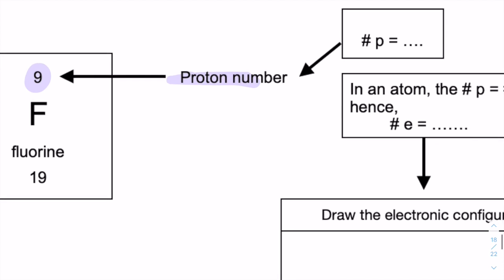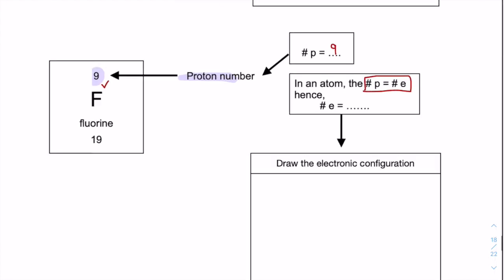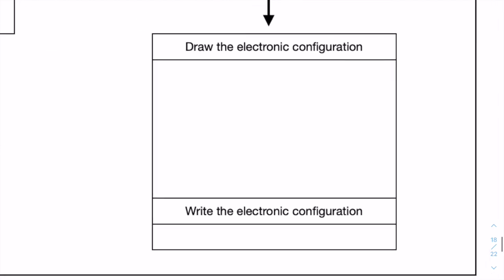So as indicated, there are 9 protons. In an atom, the number of protons equals the number of electrons. Hence, we know that fluorine also has 9 electrons. So now our question is, how do we arrange these 9 electrons inside the fluorine atom?